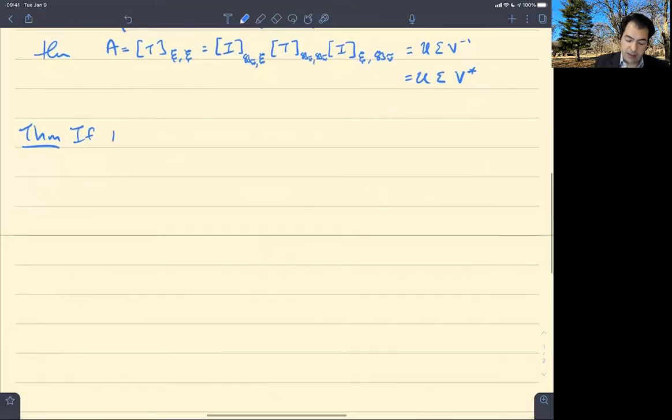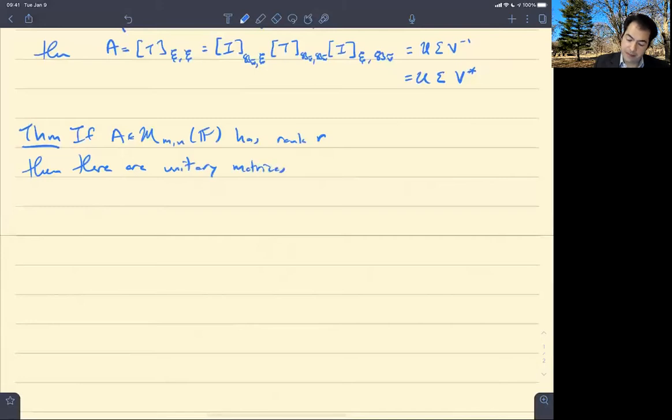So if A is an m by n matrix with coefficients in F, and it has rank r, then there are unitary matrices. Remember, unitary means that the inverse is the same as the adjoint, the conjugate transpose.